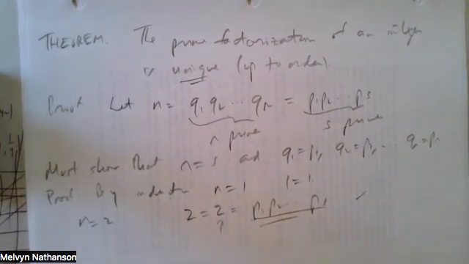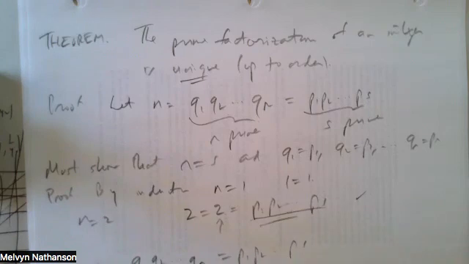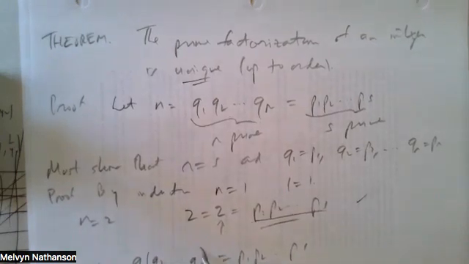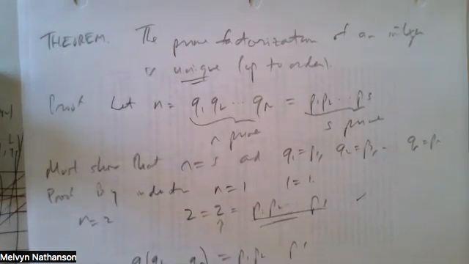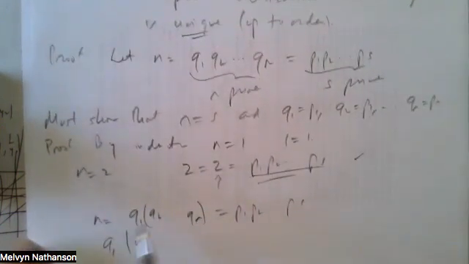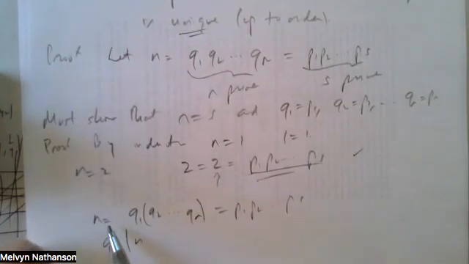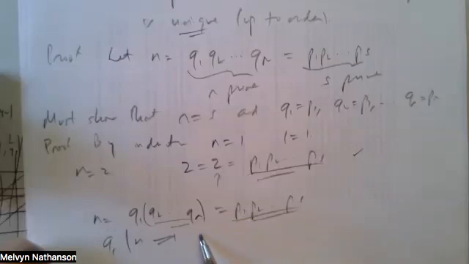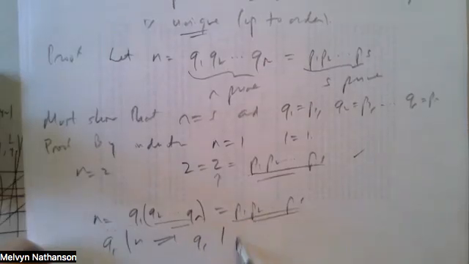So now let's look at the general case. Suppose n is q1, q2 up to q sub r, and p1, p2 up to p sub s. So q1 divides n, right? Because if n is this product, n is q1 times the product of these other primes. So q1 divides n, but this is n. So q1 divides p1, p2 up to p sub s.